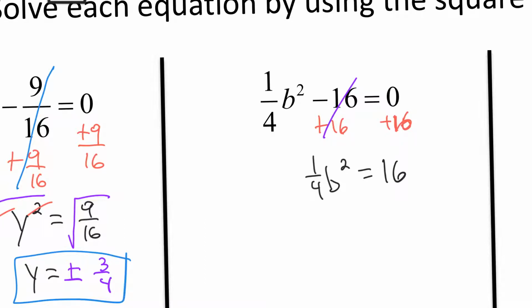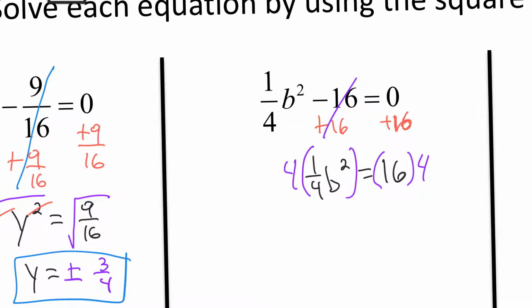To get rid of the fraction right here, remember that you have a fraction next to the variable. They're multiplying 1 over 4 b squared. Well, one way to get rid of this fraction is you multiply by the denominator. So I'm going to do that right now. I multiply by the denominator 4, the one on the bottom of the fraction.